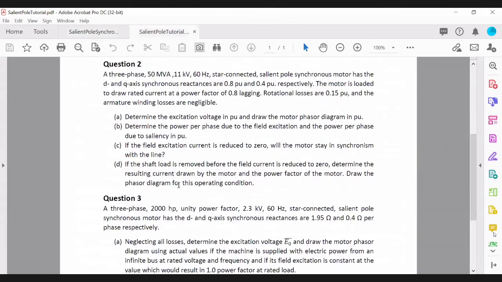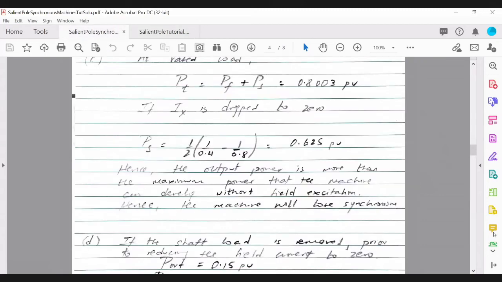So the question they asked us is, when your field excitation is reduced to zero, will the motor stay in synchronism? Which means that they want to know whether the power that you are supplying to the load is not exceeding the maximum power that you can deliver due to the salient effect of the motor. So the maximum power that the motor can deliver is 0.625 per unit, and you can see the load on the motor is 0.8, which is exceeding that value, right?